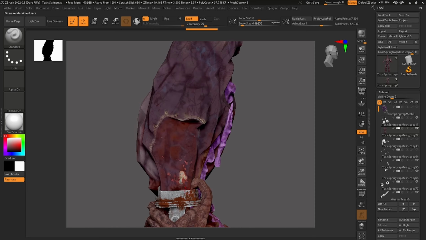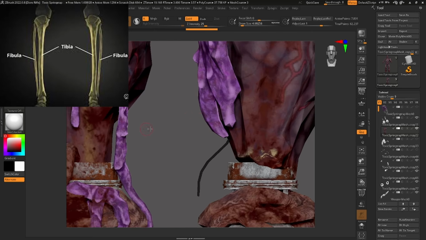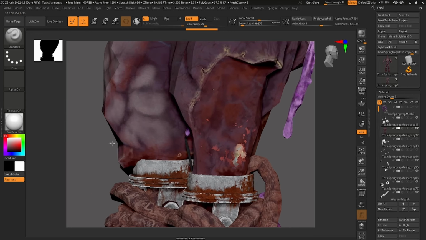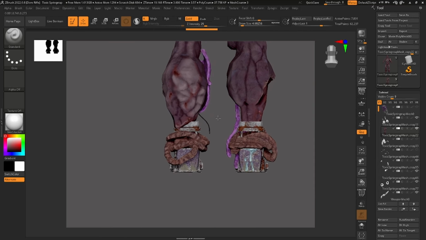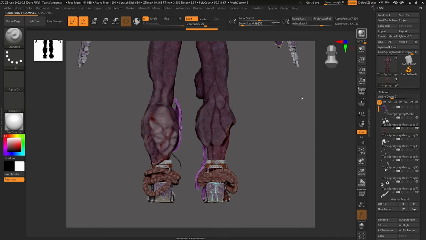You can see the bone of its leg coming down right here. Let's back up a little bit. Yeah, you can see the veins popping out.